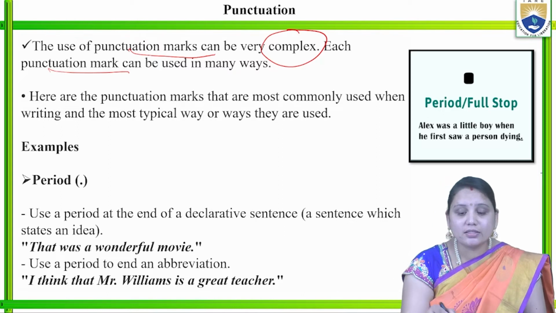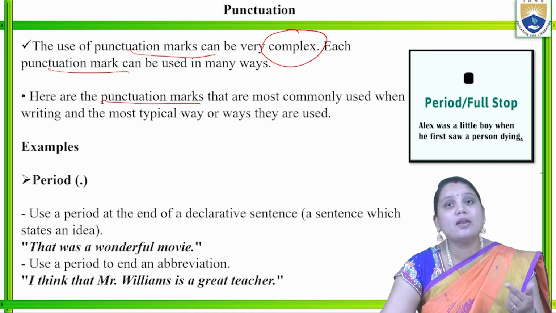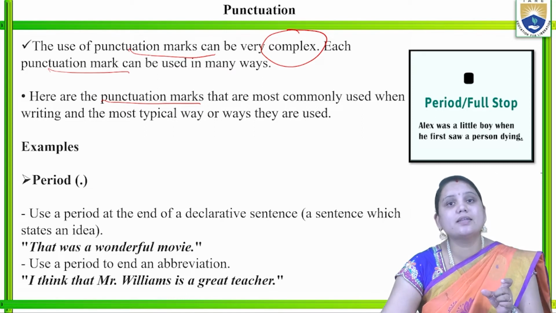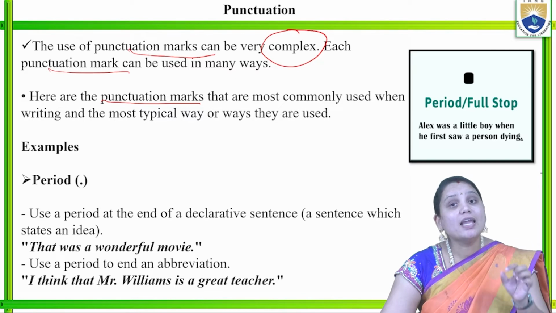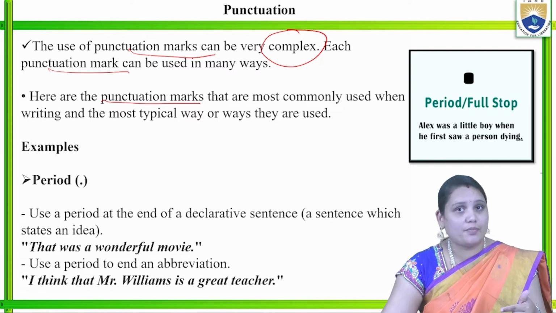Then, here are the punctuation marks that are mostly used while writing, in the most typical way. What are the ways they are used? Let us try to understand the different kinds of punctuation marks we generally use in our day-to-day written communication as well as to provide that expression in oral communication.